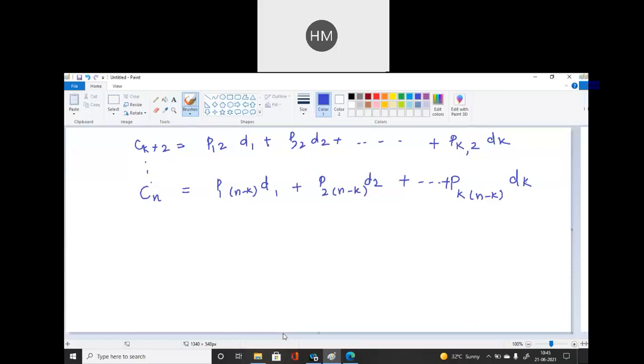So now you can write down the coefficients P of ij. ठीक है?